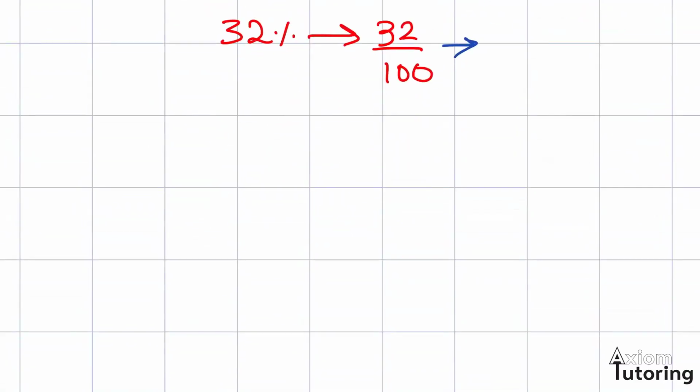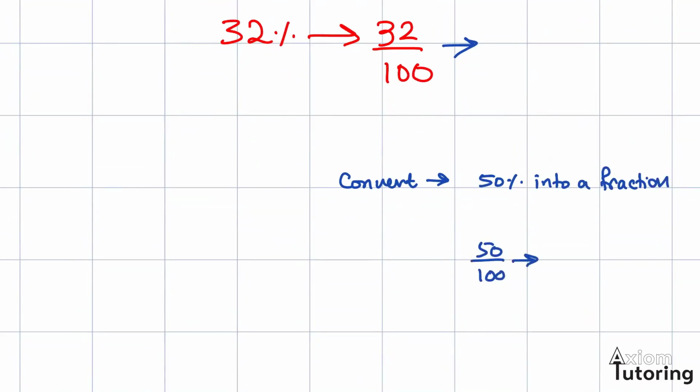So let's say that we want to convert 50% into a fraction. Well, we just take 50, we divide it by 100, but then we have to remember to simplify, to put things in their simplest form. Cancel out those zeros.